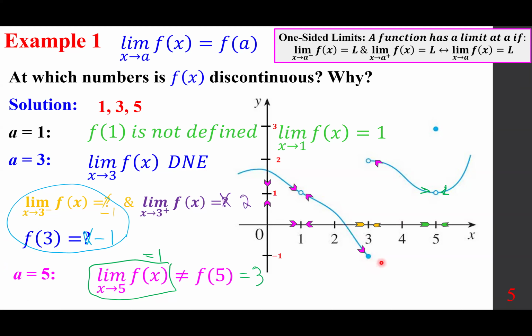It fails to be continuous at number 3 because we have different limits. The one-sided limits are not the same. The limit doesn't exist. At 5, the limit does exist. The functional value exists, but they are not identical. The limit of f of x as x approaches 5 and f of 5 are different.